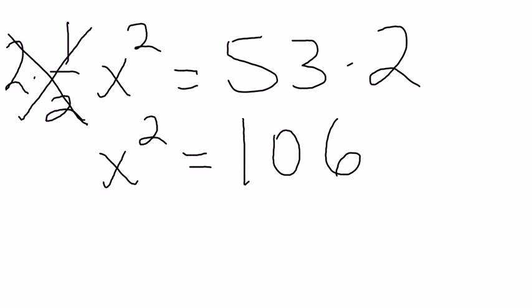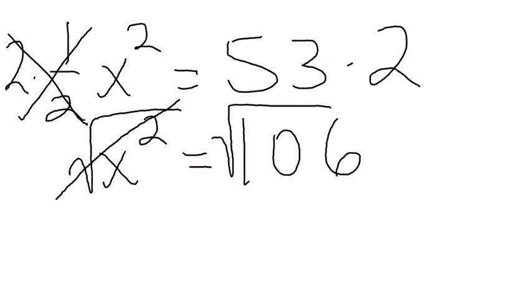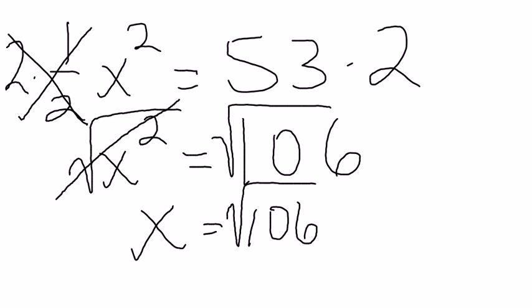Now, x squared is 106, we can take the square root of both sides, and that will cancel this out. So we're left with x equals square root of 106. The only thing is, there's not a whole number that we can get to express the square root of 106. So this is something we can do. Where is the square root of 106? What's it between? Okay, well, I know that I can get the square root of 100, right?